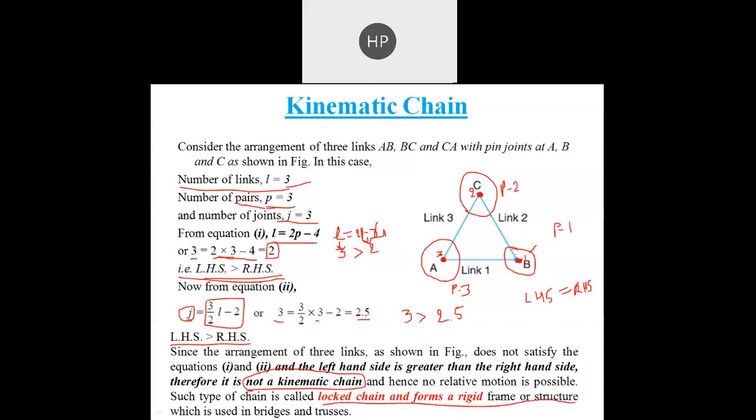It can only transmit force. It cannot transmit motion to another link. That's why it is termed a locked chain or a frame or a structure, and it will be used in a bridge or truss. So this is one example.